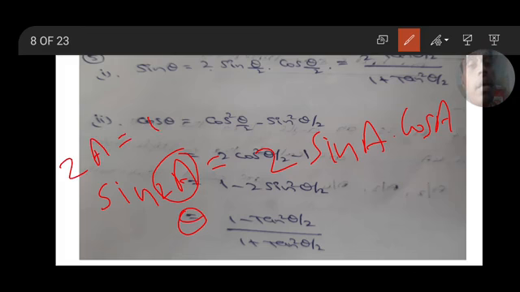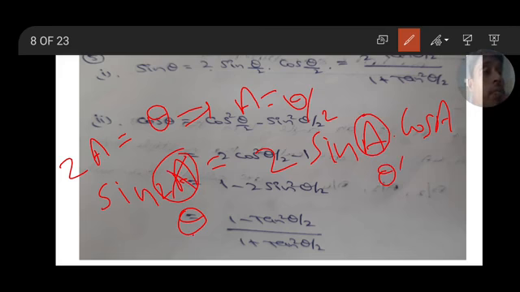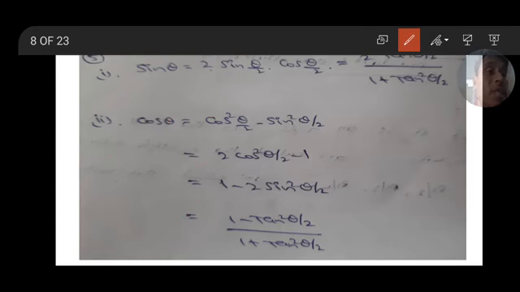Then a equals theta by 2. So replace 2a by theta and a by theta by 2. Then the formula is sin theta equal to 2 sin theta by 2 into cos theta by 2.